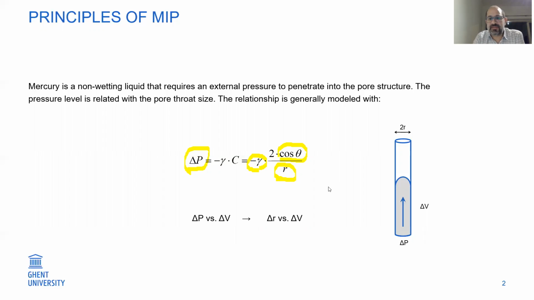The maximum volume of mercury accounts for the accessible porosity, but the pressure values themselves correspond to the pore throat size, and only the pore entry size distribution can be defined with this technique.